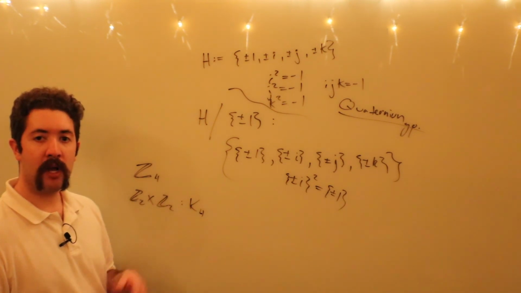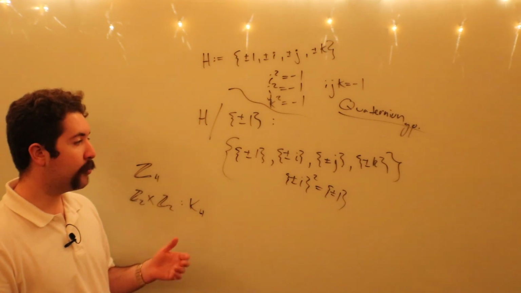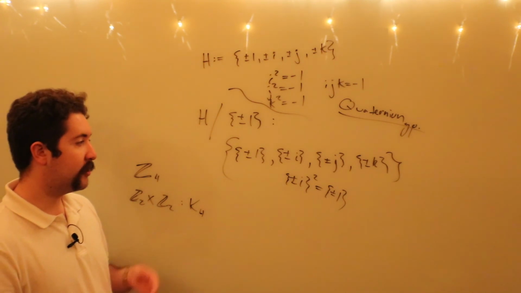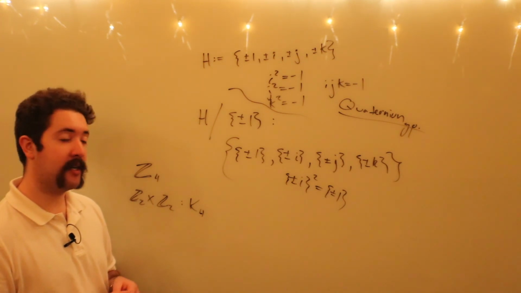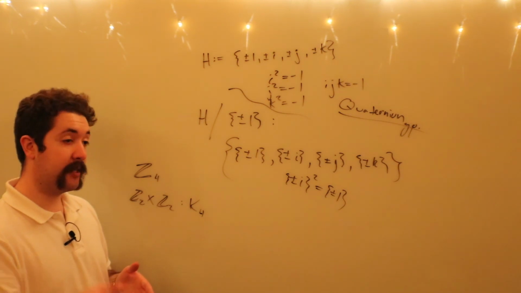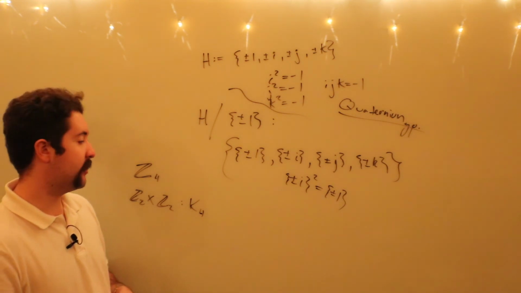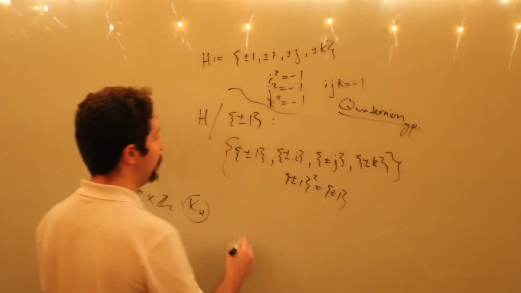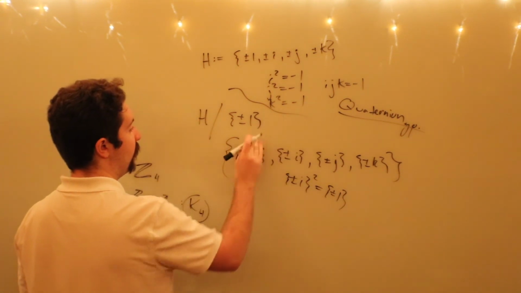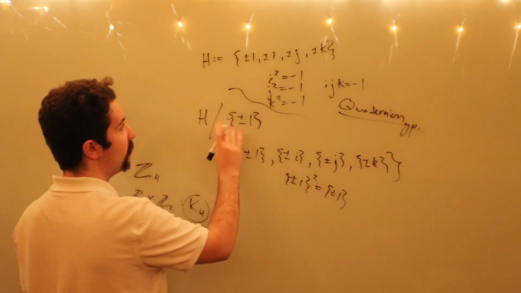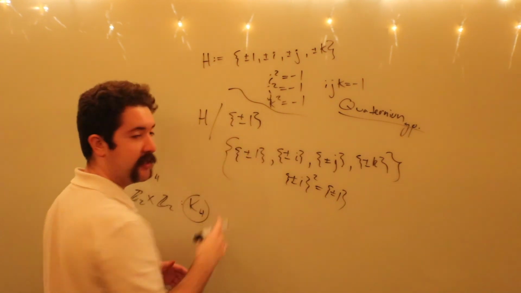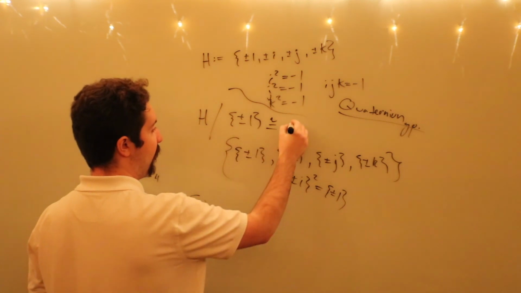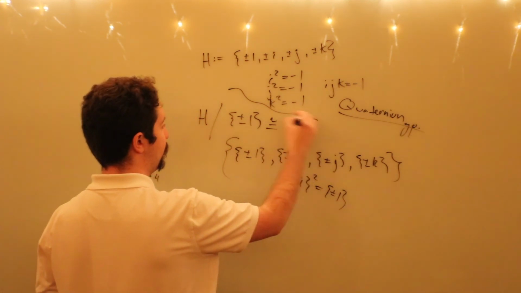So in Z4, 1 + 1 is 2, 2 + 2 is 0, and 3 + 3 is 2. So 2 of those elements do not add to themselves to form the identity element. So we can safely say that this is indeed the Klein 4 group, that H, the Quaternion group, quotiented by ±1, which is isomorphic to Z2, is isomorphic to K4, the Klein 4 group.